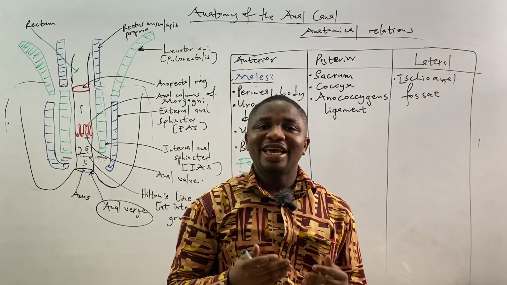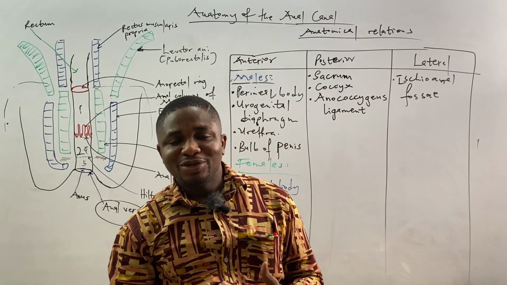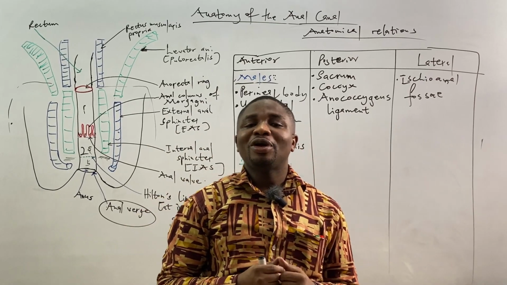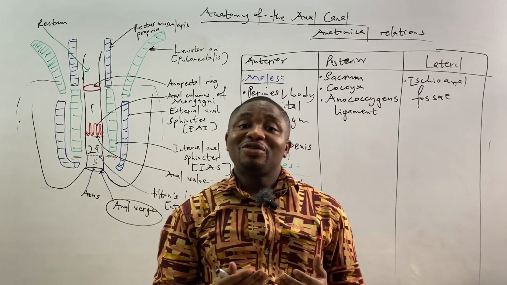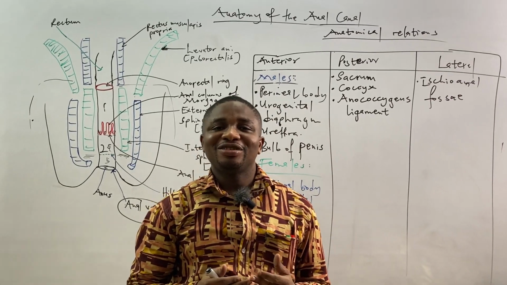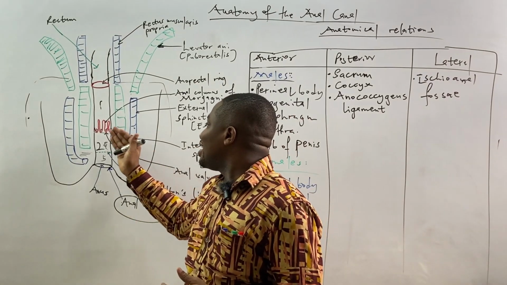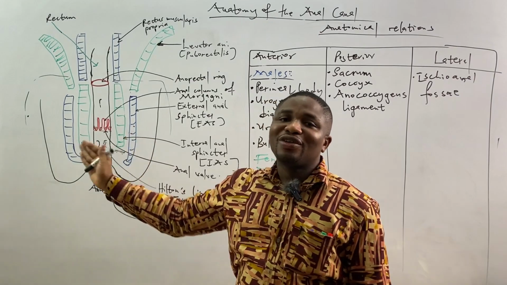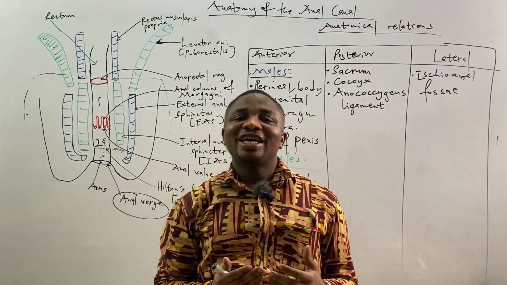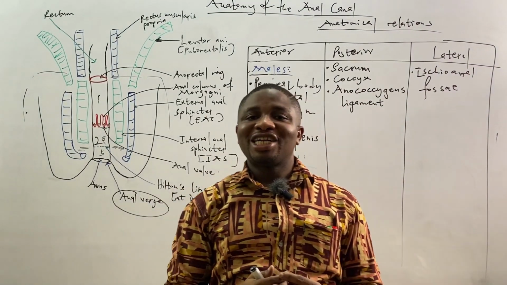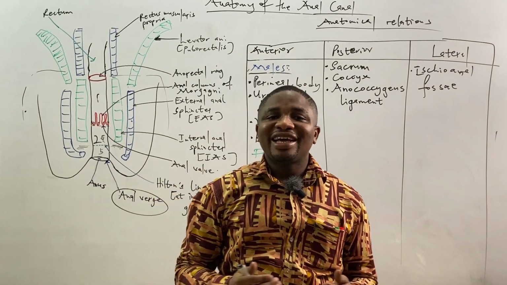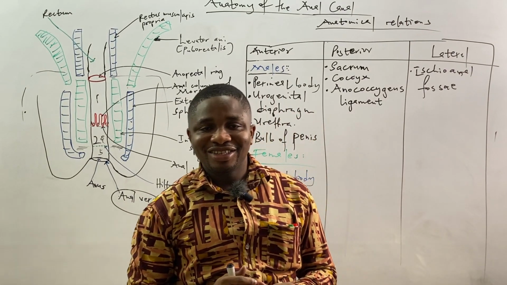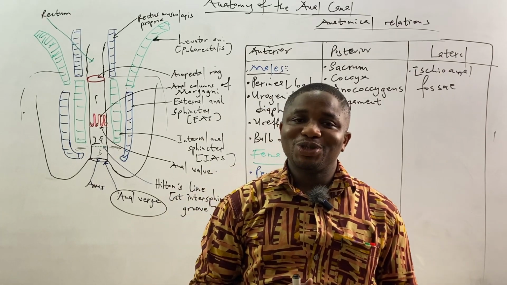Remember that we said that the anal canal is located within the anal triangle of the perineum between the right and left ischioanal fossae. And the right and the left ischioanal fossae relate to the anal canal from the side, or laterally.